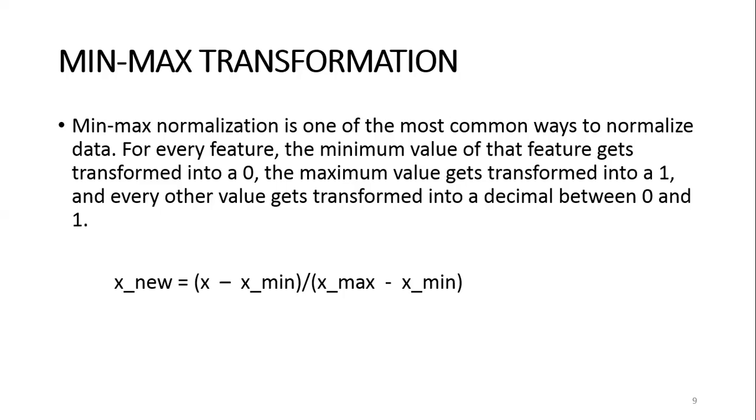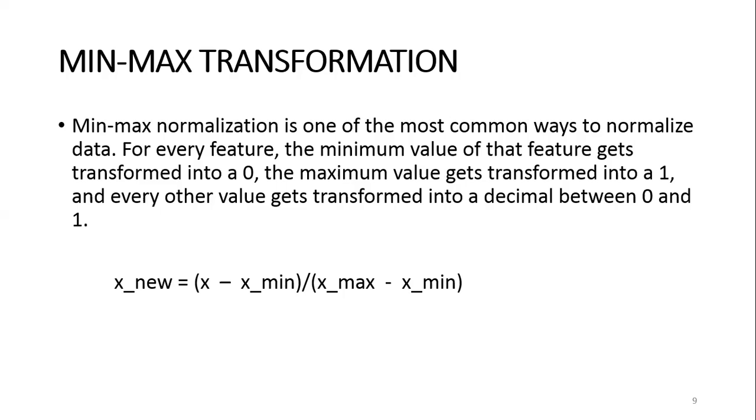So for every feature, every column, we could also call it every field, the minimum value of that feature gets transformed into 0. The maximum value gets transformed into 1. And every other value gets transformed into a decimal between 0 and 1.